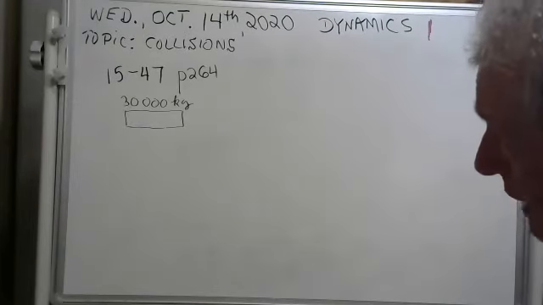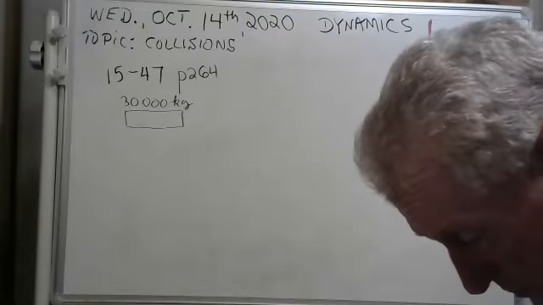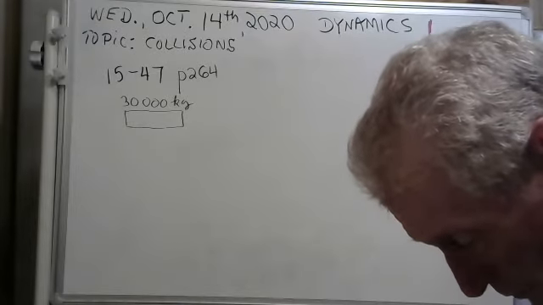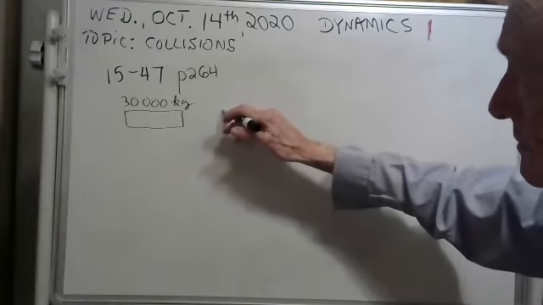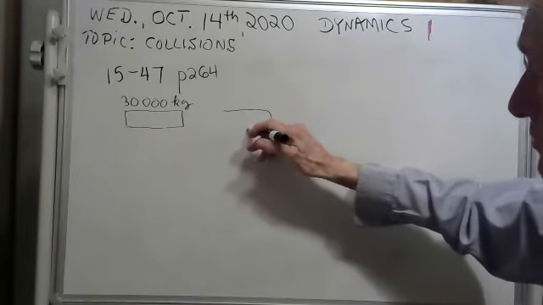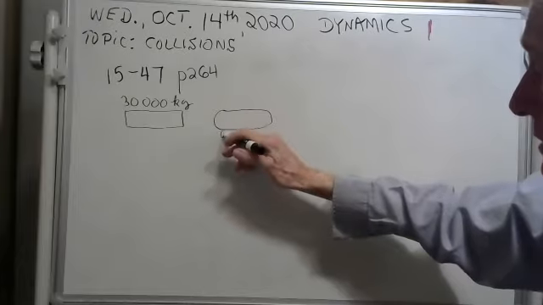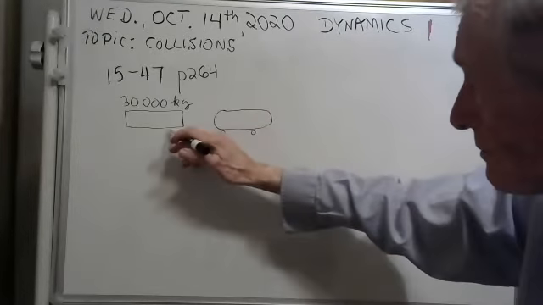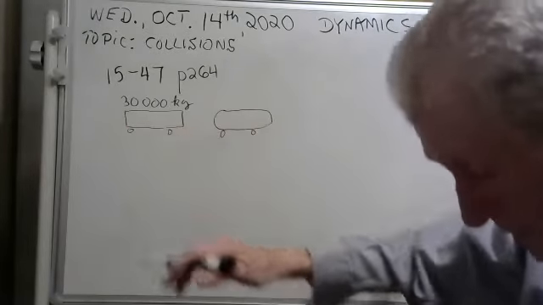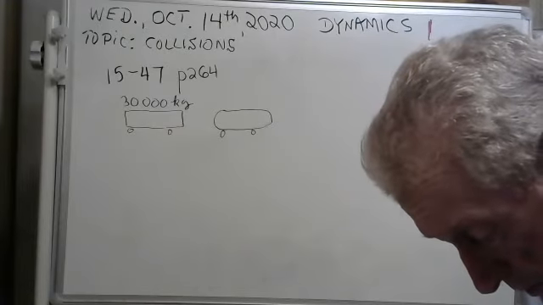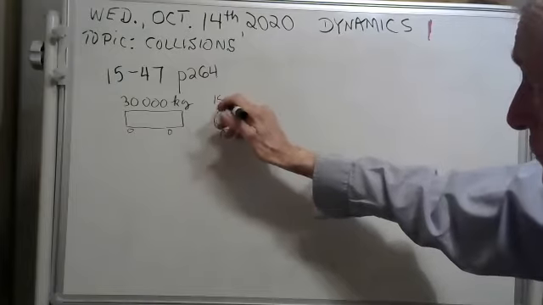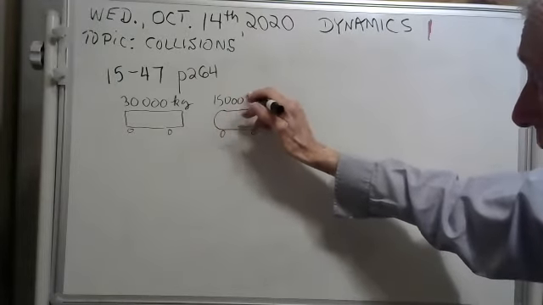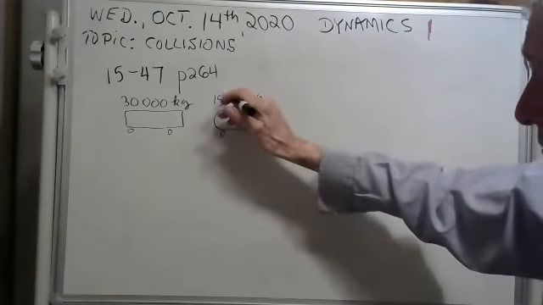It's 30 megagrams, so that's 30,000 kilograms. And then you have a 15 megagram freight car here. This is more of a tank car. I don't know what it's got in it, maybe oil. It's 15 megagrams, in other words, 15,000 kilograms.